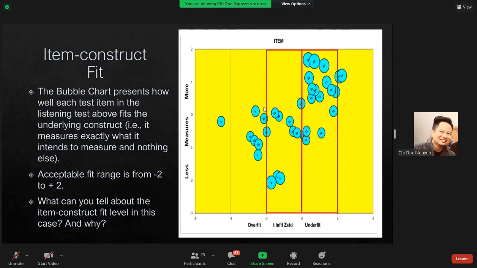Some of the items over here also fit the test construct, but they are not very useful, because in nature they resemble some of the items within this rectangular area. So this kind of item poses no threat. The items over here, 1, 2, 3, 4, 5, 6, 7, 8. So we have 8 items overfit.